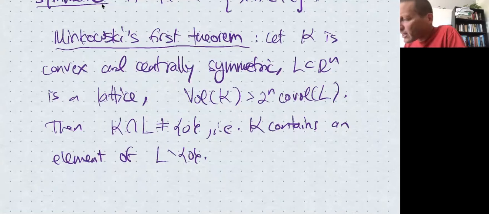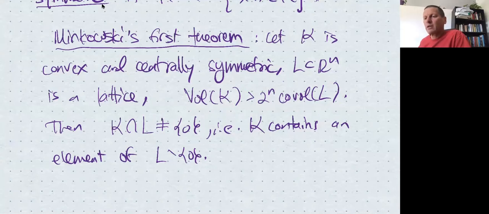And so this intersection always contains 0 when K is centrally symmetric and L is a lattice. And we're interested in whether K contains an additional point, in other words, a non-zero element of the lattice. And the theorem says that this is going to happen whenever the volume of K is bigger than this right-hand amount, 2 to the n times the covolume of L.